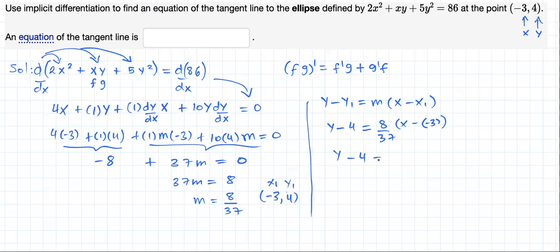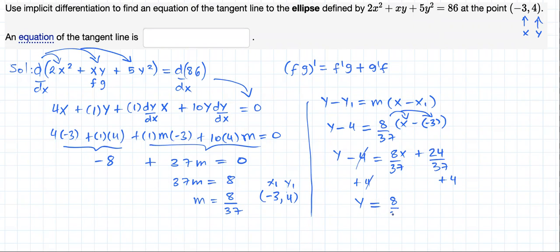Let's simplify. 8 times x, 8x, don't forget this is divided by 37. Minus a minus is plus. Plus 3 times 8, 24 over 37, right?